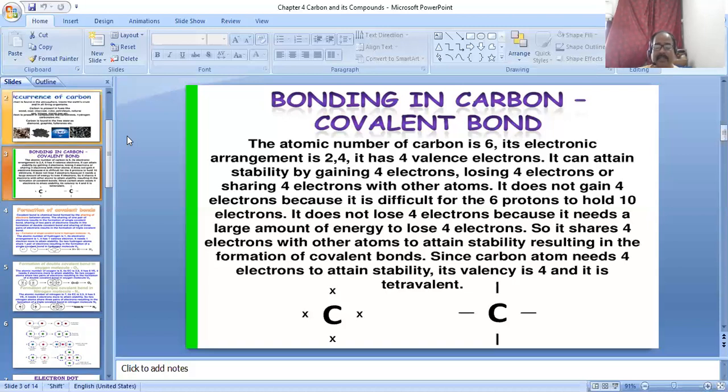So generally they only share, and by sharing they show tetravalency.